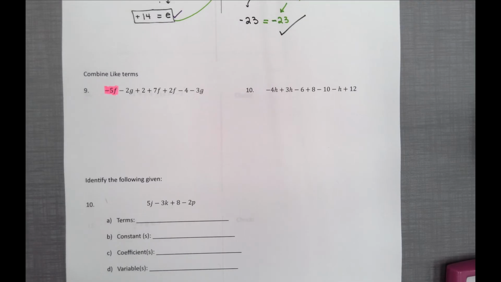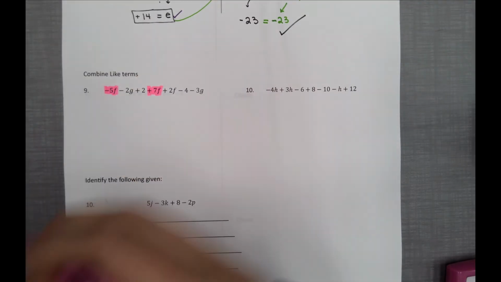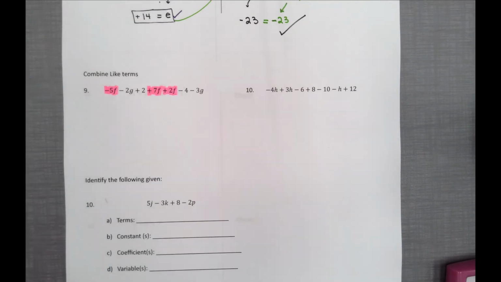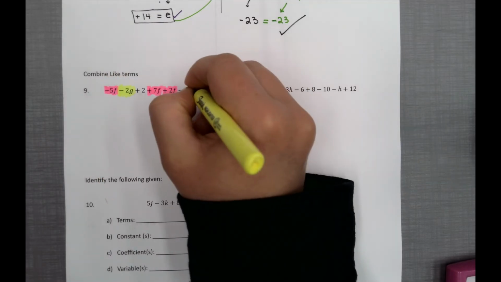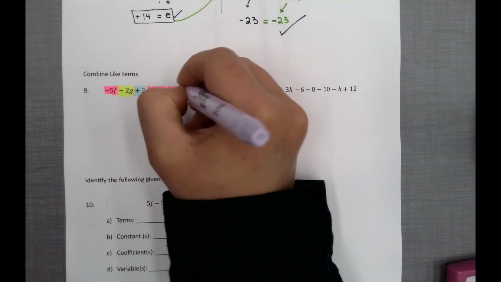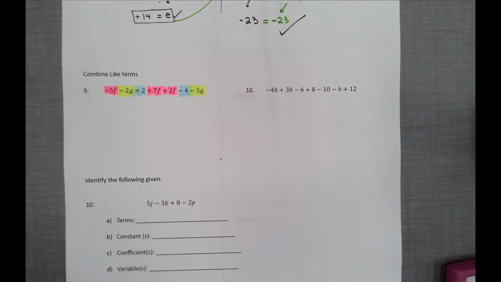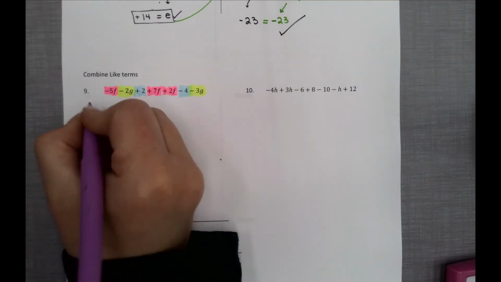So I got a negative 5F, a positive 7F, a positive 2F. I then have a negative 2G, a negative 3G, and I have a positive 2 and a negative 4. What I'm going to do is write these things together. Let's see if I can be fancy and color code this.